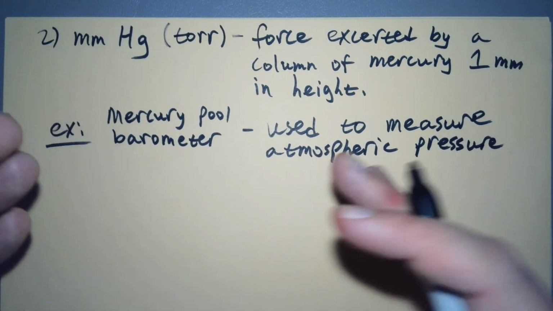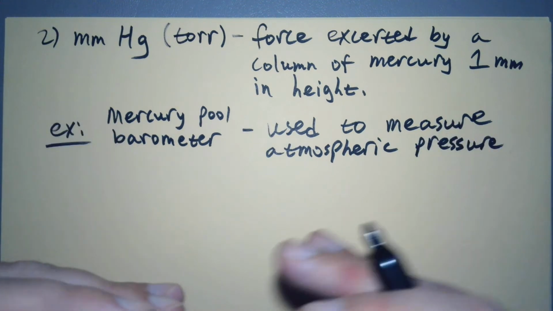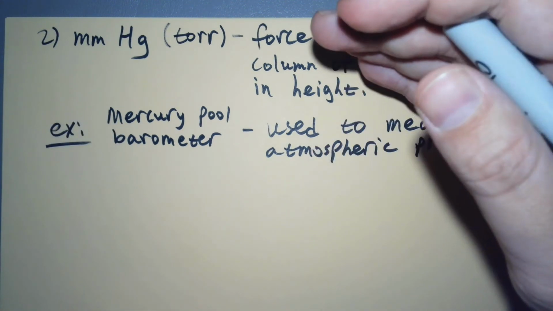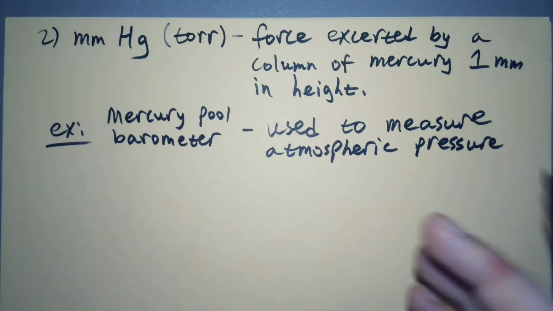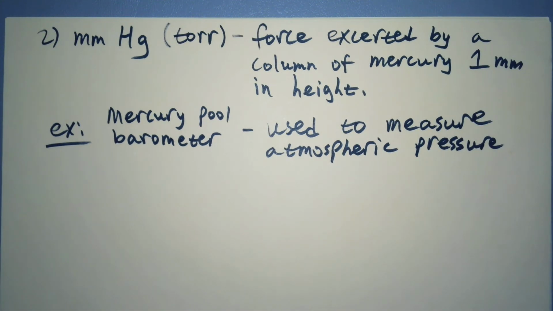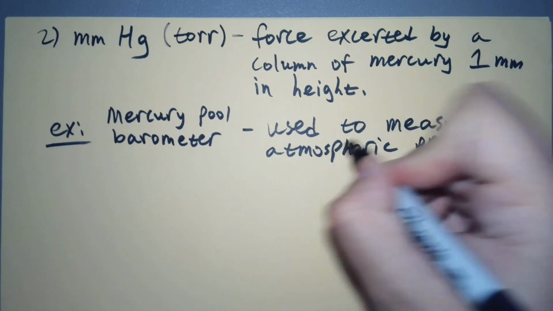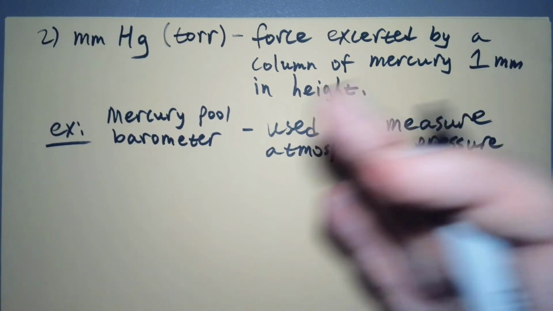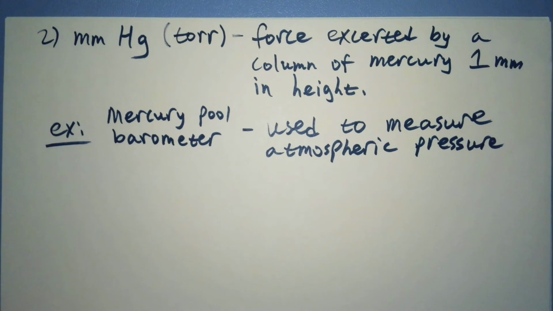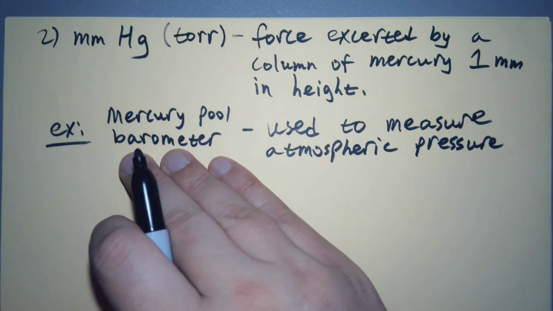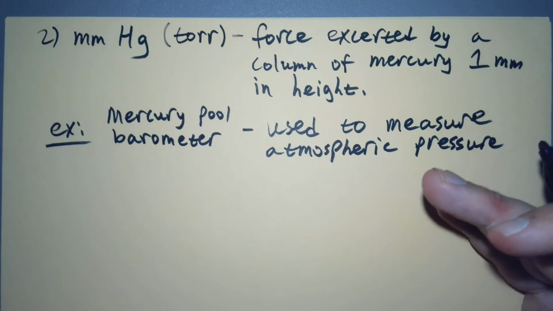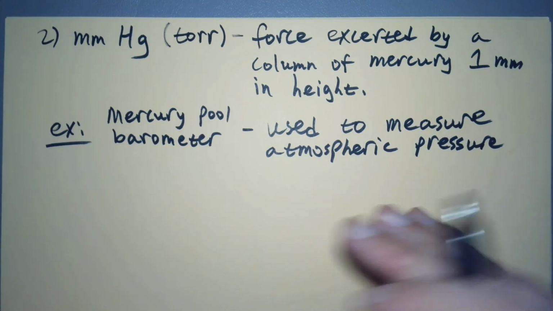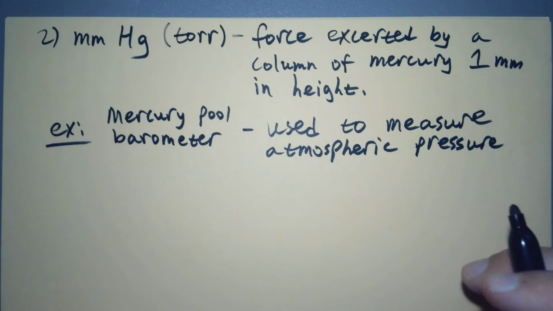So you can do a column of water, but it's going to need to be, if I remember right, about 13 times taller than a column of mercury, which can be done. People have water barometers. It's a real design, but they're more of an architectural feature and less of a useful thing. Like this will fit on a countertop. You're going to have to build an atrium to hold a water column barometer.